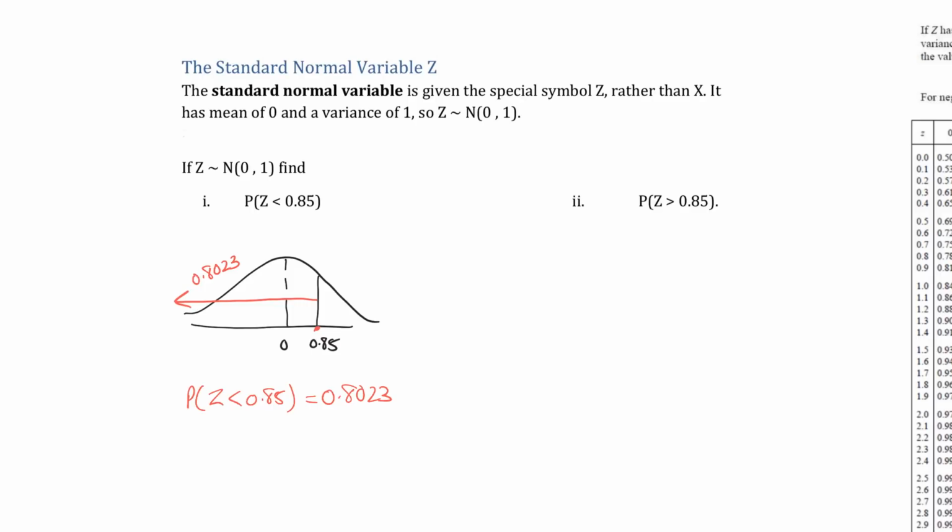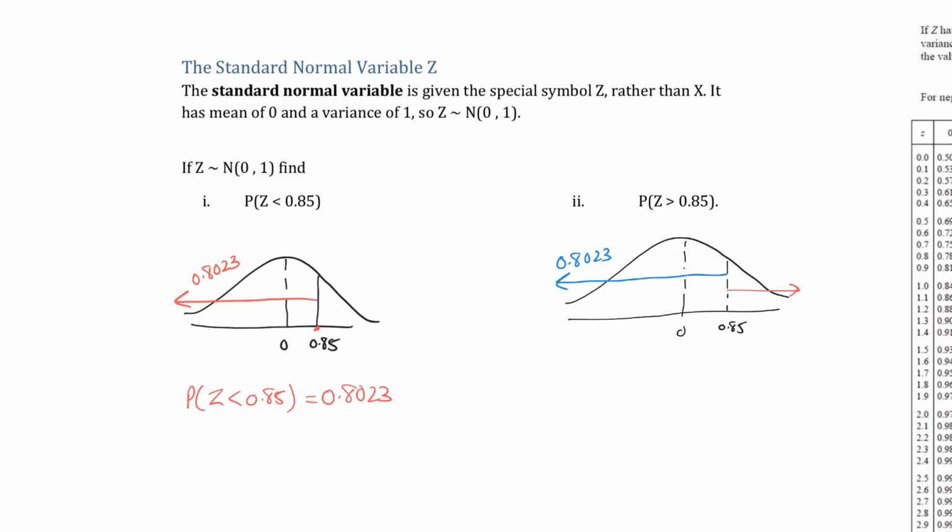Now if we are asked to find the probability of z greater than 0.85, this is 0, this is 0.85, and this time we are asked to find probability greater than 0.85, which is the tail area. So I can't use my table to find the probability of a tail area directly, so I'll do this in two steps. First, I'll find the probability of z less than 0.85 from the table, which we just found to be 0.8023.